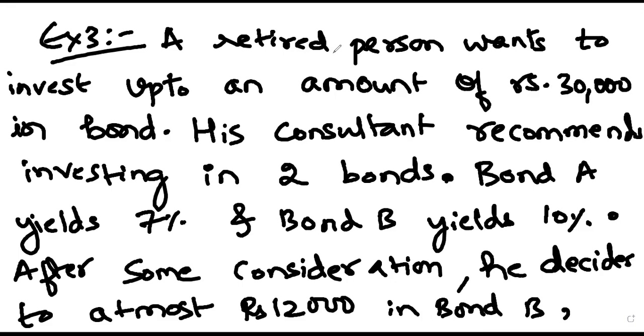The total amount he has is 30,000 rupees. There is another constraint saying that this person wants to invest at most 12,000 rupees in bond B. That means maximum 12,000. Correct?